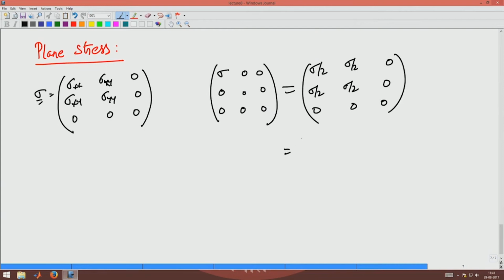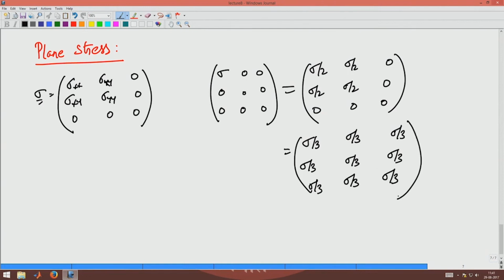The same stress state can be represented as sigma by 3 sigma by 3 sigma by 3 in this matrix also. This also represents the uniaxial stress tensor matrix, just that you are rotating it not about the z axis, but about an axis equally inclined to the x, y and z axes.